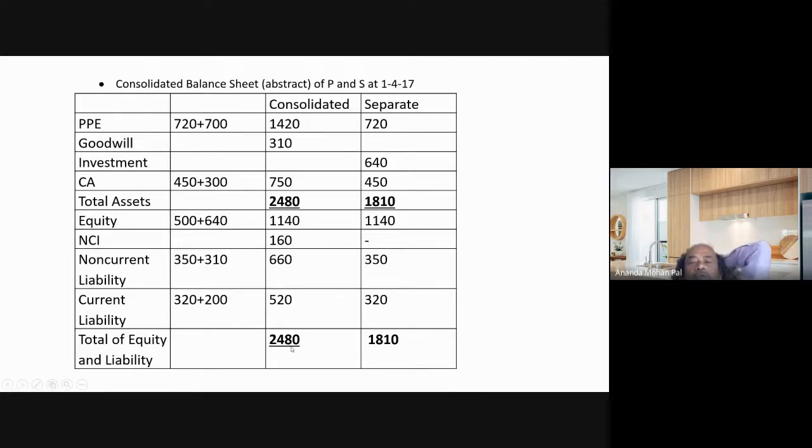Thus the total is 2480 and 1810, total equity and liability. At the acquisition date, preparing consolidated and separate is easy. It is more comfortable. You feel comfort about that. There is nothing difficult here.